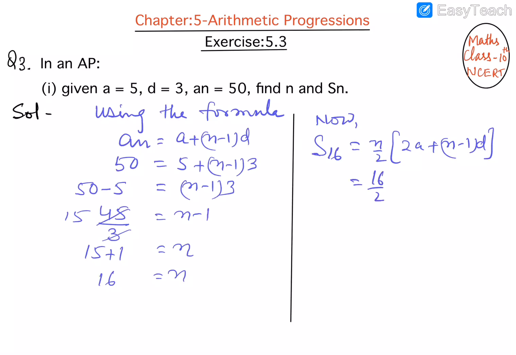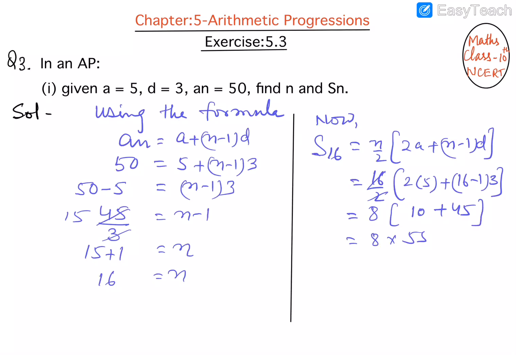So this is 16 by 2, 2 into a is 5, n is 16 minus 1 into d is 3. This is 8, this is 10, this is 45. 8 into 55, and so the sum of its 16 terms is 440.